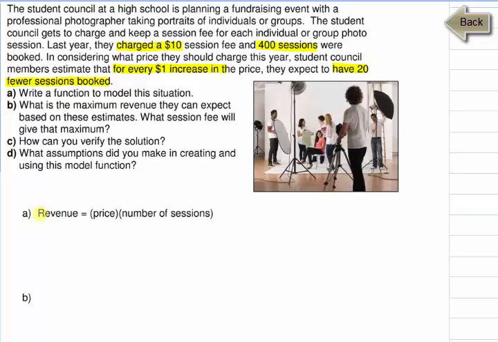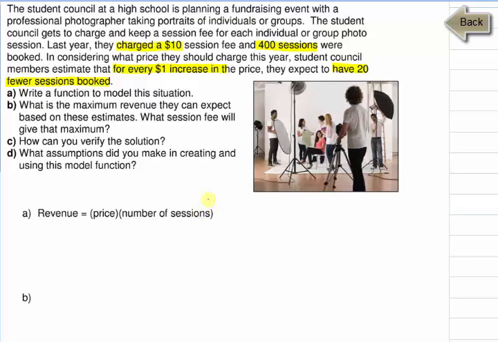If we want to determine how much money student council is going to make, then we need to know what the price of each session is going to be, and then times that by the number of sessions that they are going to expect. Okay?